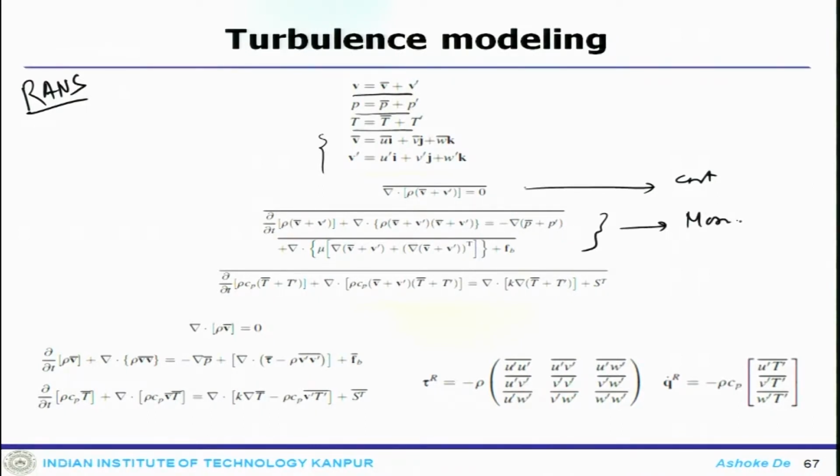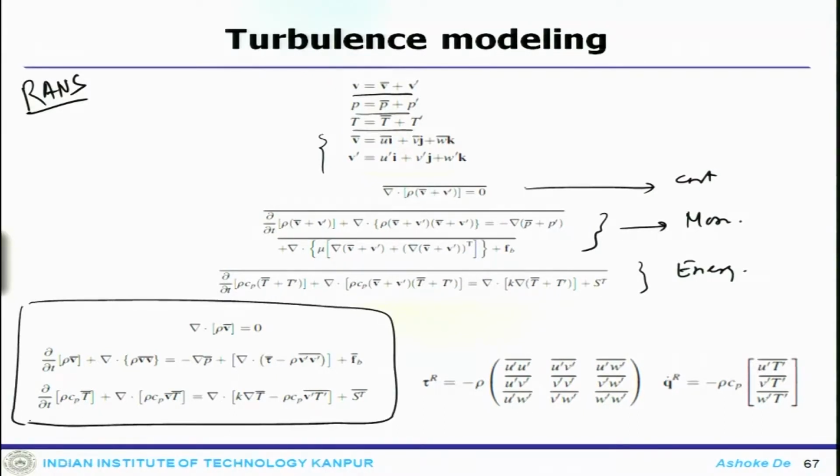All the variables like pressure, velocity and temperature, and this is what we are writing for incompressible cases, because the density variation is not taken into consideration. And this is my energy equation. After applying those rules, the Reynolds averaged form of the equation will look like this, which will solve only for the average, or rather mean, quantities.